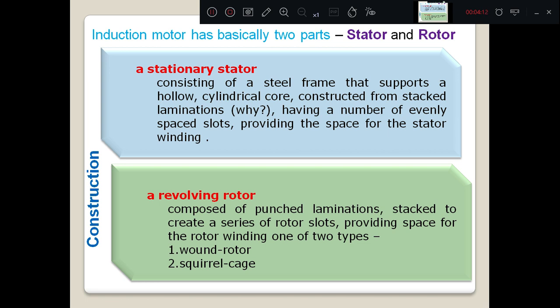The other one, if it has got a squirrel cage, is called squirrel cage induction motor. The wound rotor is also called the slip ring induction motor. These are the two types of induction motor, based on its rotor construction. That is, one construction is wound rotor, the other one is squirrel cage construction.